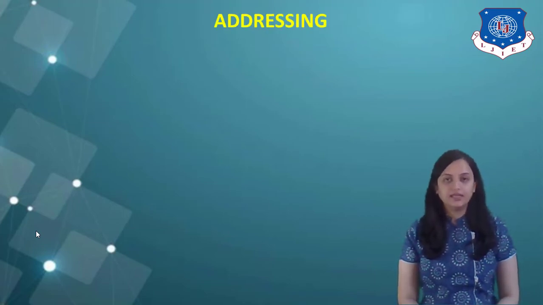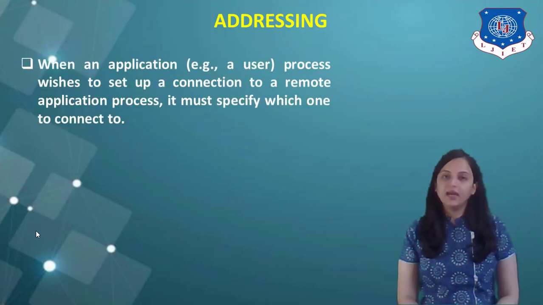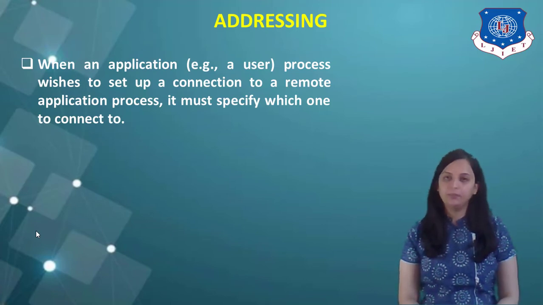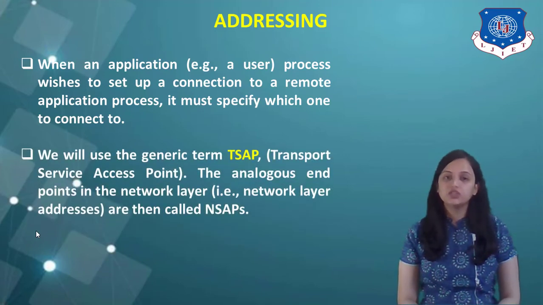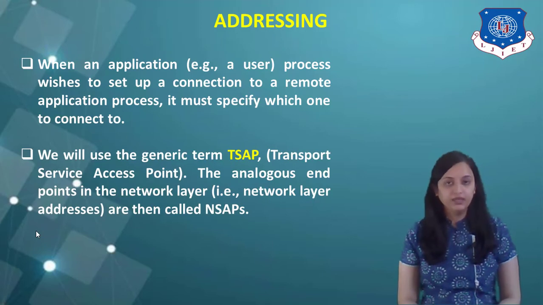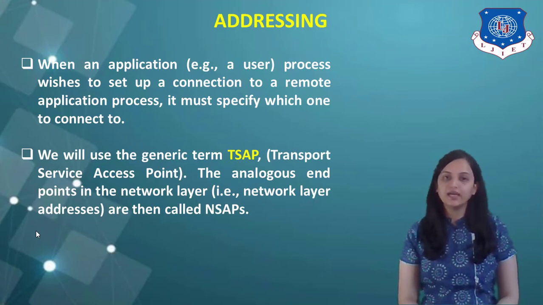So first one, addressing. When an application, that means a user process, wishes to set up a connection to a remote application process, it must specify which one it has to connect to. That is called addressing. We will use the generic term TSAP, that is Transport Service Access Point, to indicate the addresses.